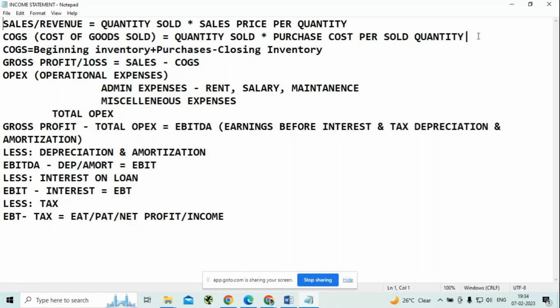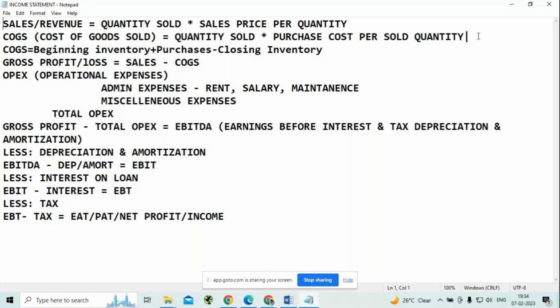Can anyone calculate and let me know the value for 600 into 25? 15,000, right?